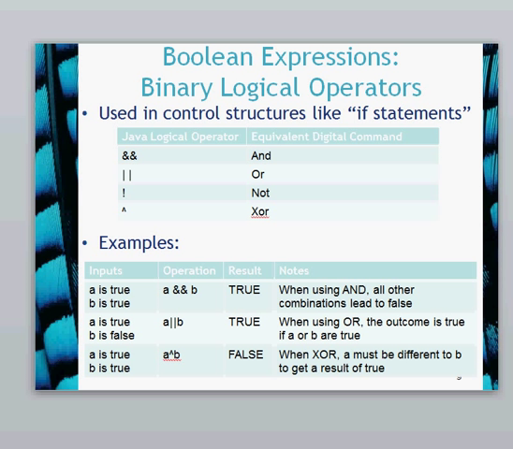So you could have a certain thing and a certain other thing. Now in Java we have to represent it with two little ampersands there, and two pipes for the or, and an exclamation mark, and then an up chevron there. So that's how we represent that in Java. I'm not going to go through the examples because I expect you understand what ands and ors and things are.